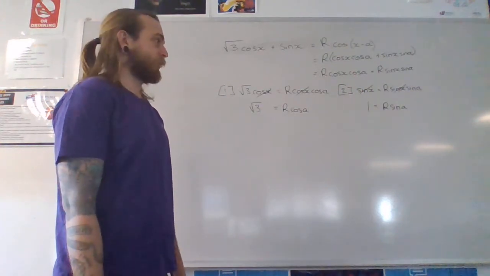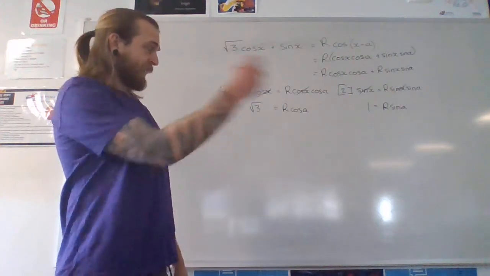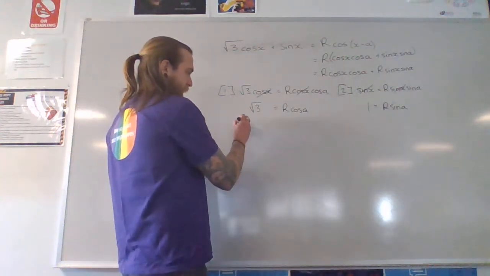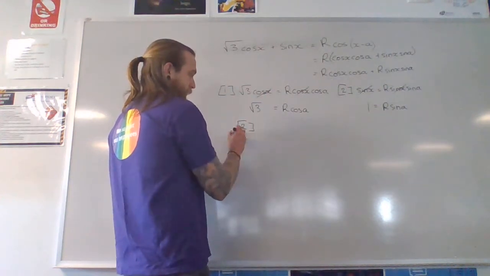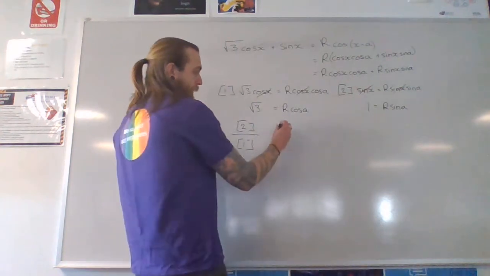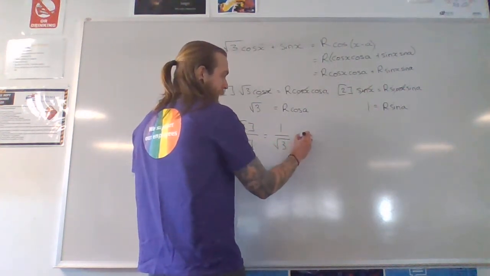So it's just about making a choice here, about recognizing your patterns, and it's going to be easier if we have sine over cos. And so what the textbook tells you to do is if you do equation 2 divided by equation 1, on one side of it you are going to have 1 divided by root 3.